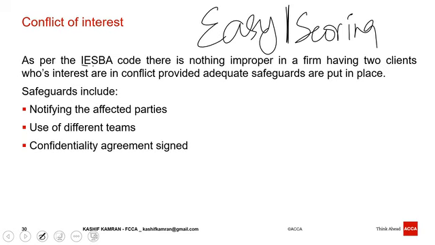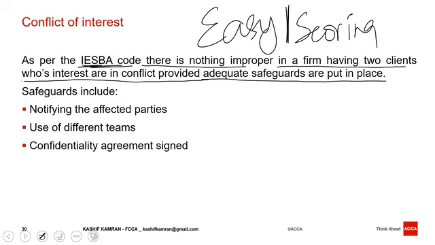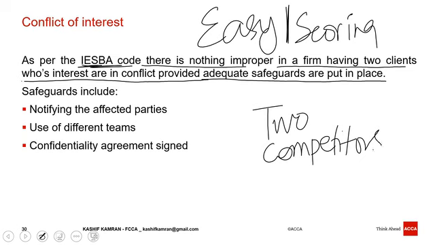As per the IESBA codes, there is nothing improper in a firm having two clients whose interests are in conflict, provided adequate safeguards are put in place. Can a firm do audit of two competitors whose interests are in conflict?